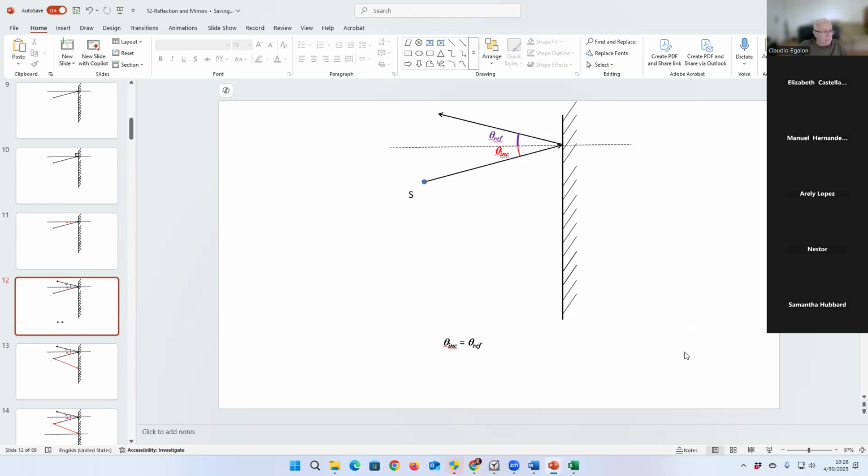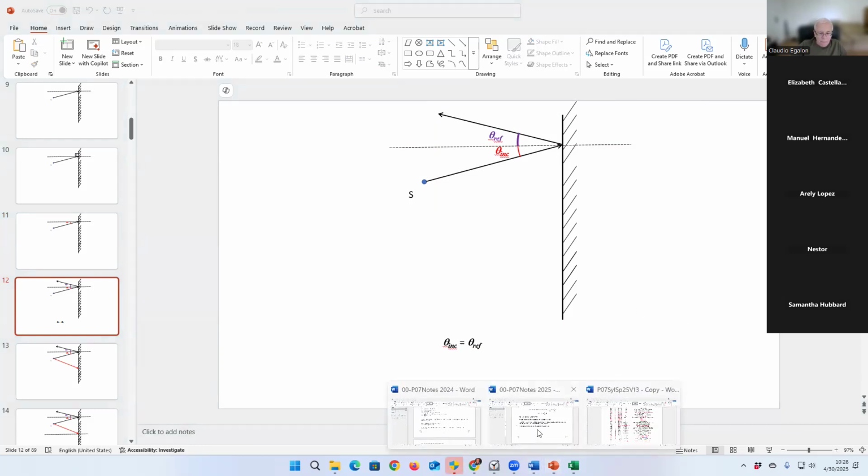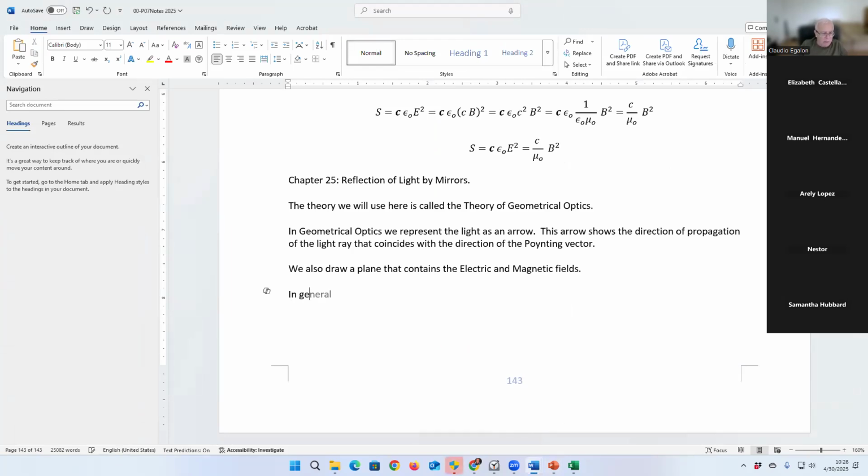I'm going to write that down for you. In geometrical optics, which is a very powerful theory, by the way, and very simple too, because it just uses geometry, an incident light ray is reflected at an angle equal to the incident angle.